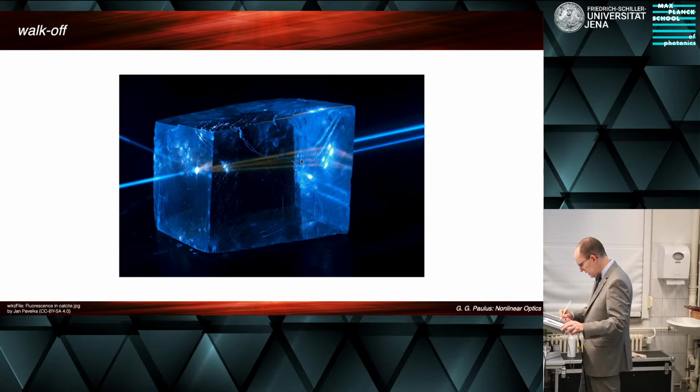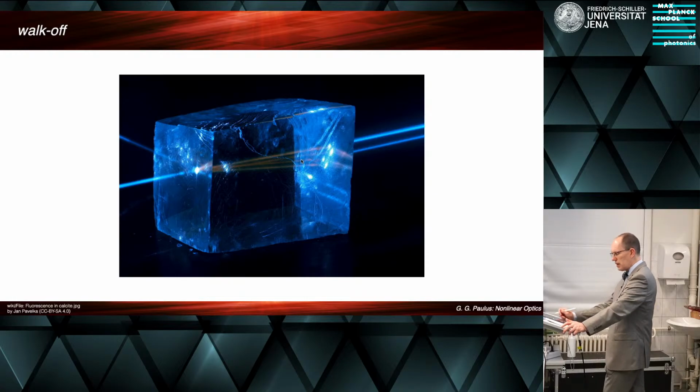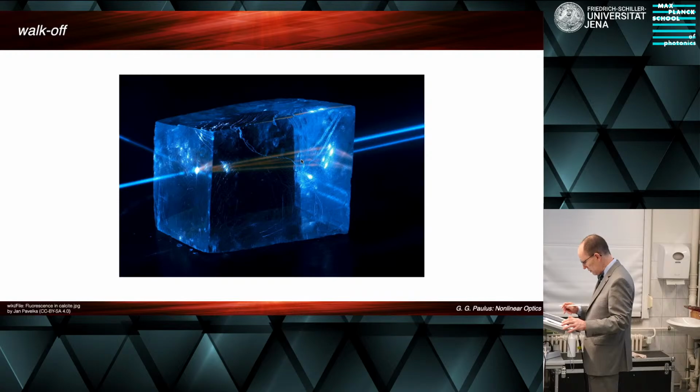What we see is that it depends on the derivative of the refractive index with respect to theta. So the stronger the birefringence, the stronger this walk-off problem. This is of course clear.